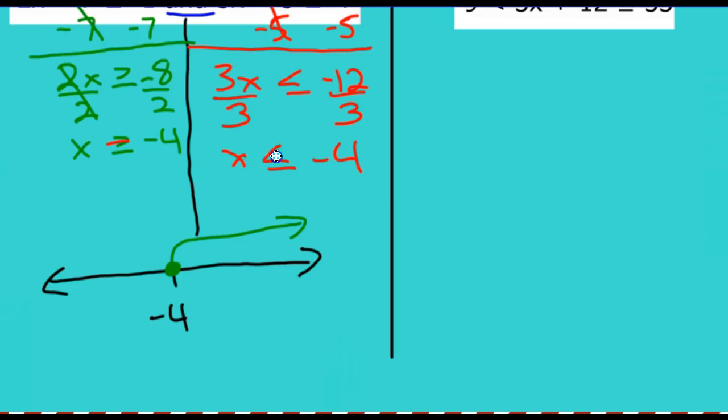And I also know that x can be less than or equal to negative 4, so a closed dot going this way. What this is telling me is that x can be anything above negative 4 and anything less than negative 4. So our solution here is all real numbers. X can be anything.